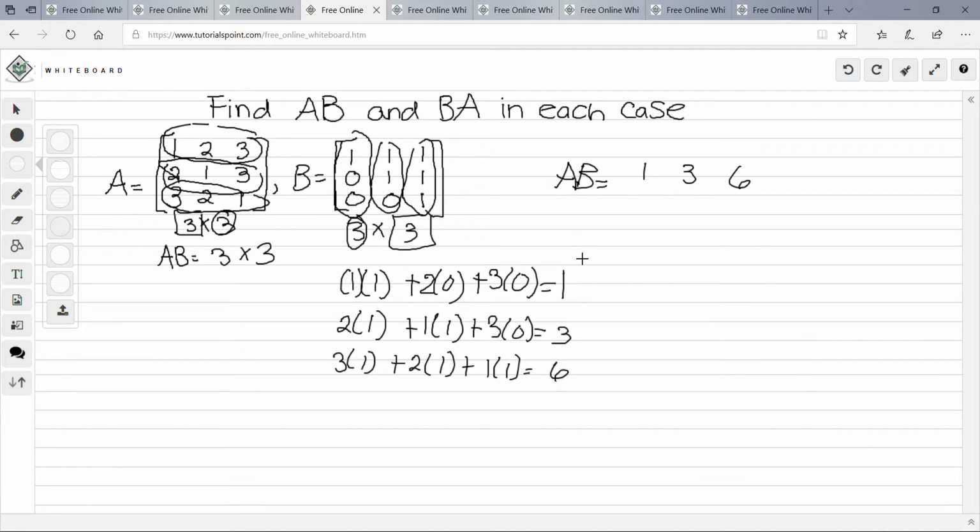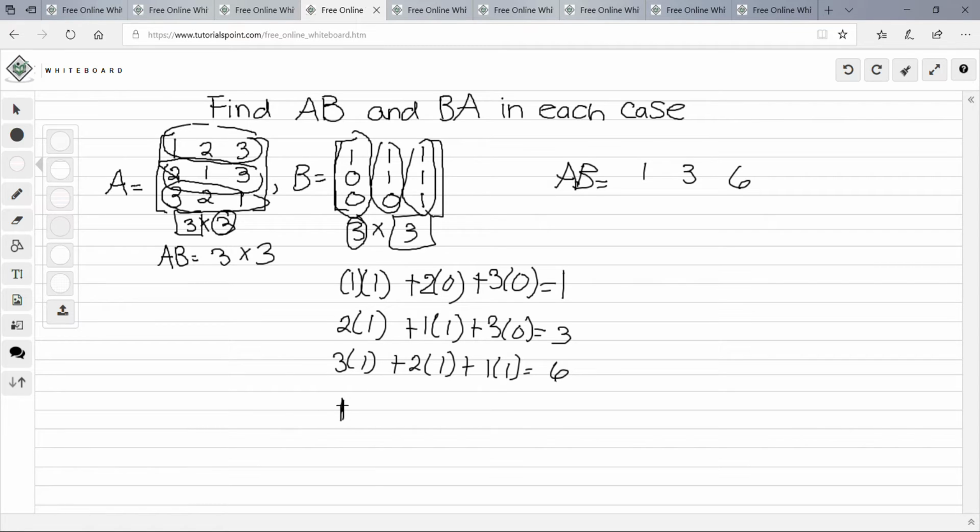We got that number, and we're going across. And then now we're going to multiply 1. Now we're doing this row by all 3 columns, right? So I'm going to multiply this row by each single column.